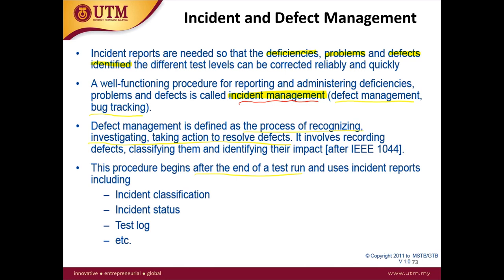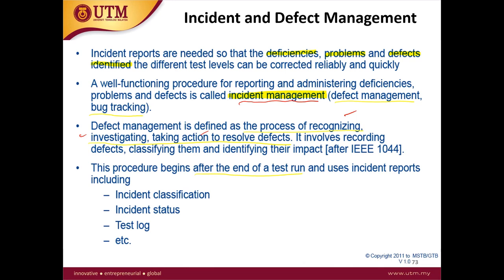The definition provided by IEEE: defect management is defined as the process of recognizing, investigating, and taking action to resolve defects, so that we can keep track of the defects that we found during testing.